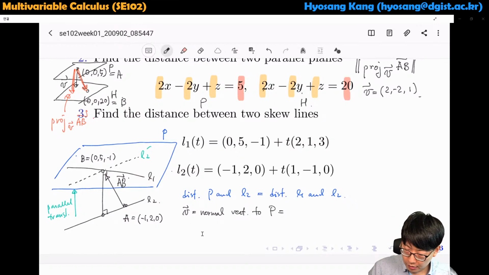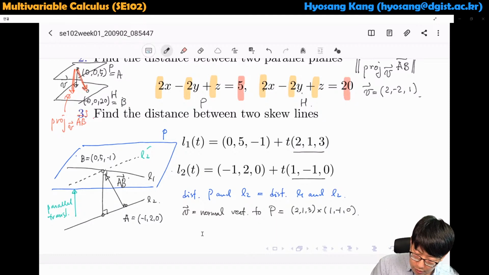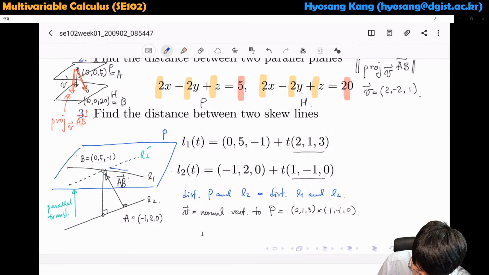So how do we get the normal vector to P? This is done by taking the cross product of two direction vectors of the lines: (2, 1, 3) cross (1, -1, 0). L1 has direction (2, 1, 3), and L2 has direction (1, -1, 0).